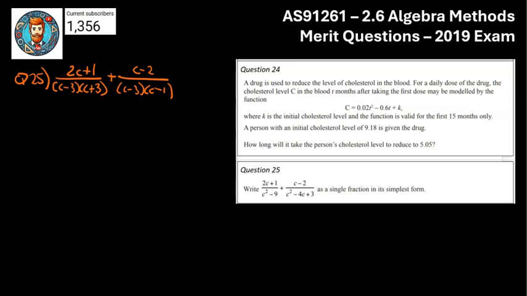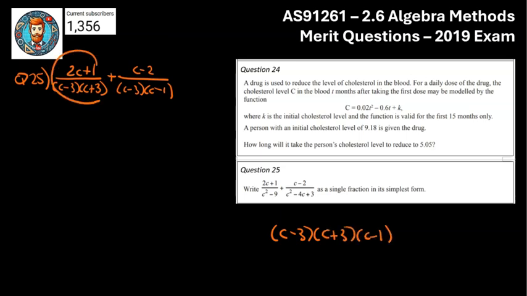Now this here's a bit of an issue. I can see they've both got the c minus 3 on the denominator, but the next part of the denominator is different. So basically what I'm looking to do here is my new denominator, I'll write it down the very bottom. I'm aiming to get my denominators both to be (c minus 3)(c plus 3)(c minus 1).